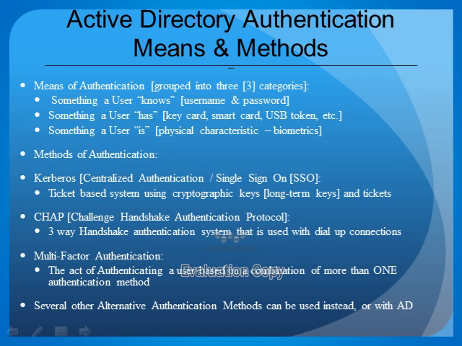CHAP, Challenge Handshake Authentication Protocol, is a three-way handshake authentication system that is used with dial-up connections. And multi-factor authentication, which is the act of authenticating a user based on a combination of more than one authentication method. There are several other alternative authentication methods that can be used instead or with Active Directory as well.